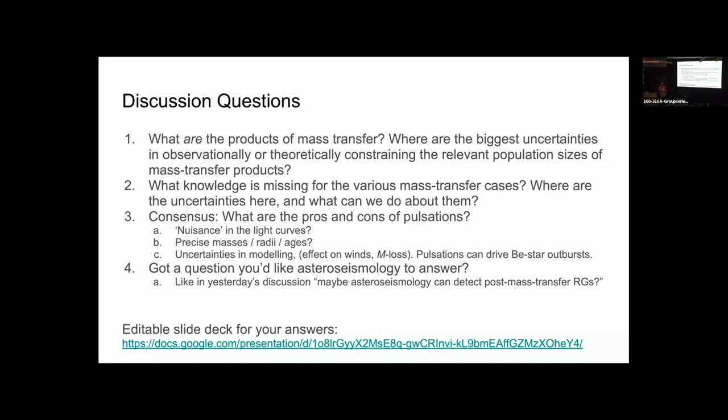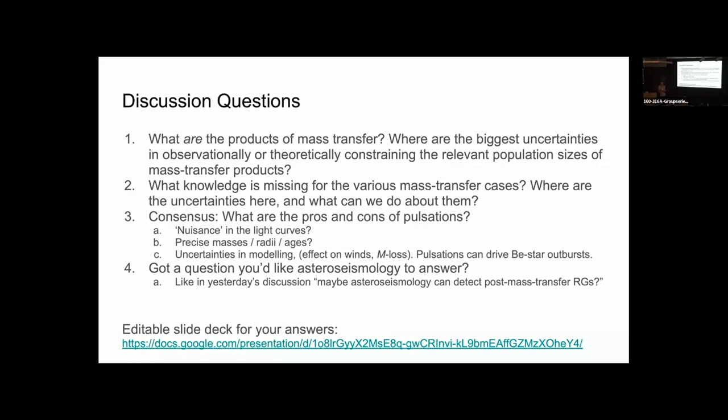So I have a question and a comment. Just going off what Katie was saying about question 1, I think that incompleteness and selection biases are the most important thing holding us back there. We have all these different detection mechanisms and very few populations where everyone has applied those detection mechanisms to the same population. And that's really difficult, to get everybody on board to look at the same sample.